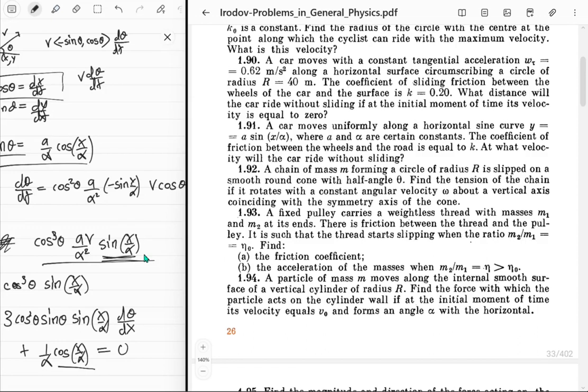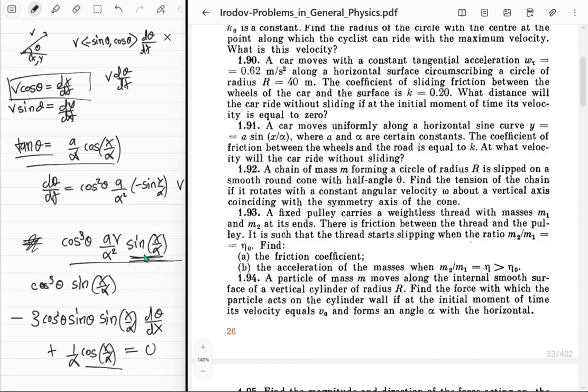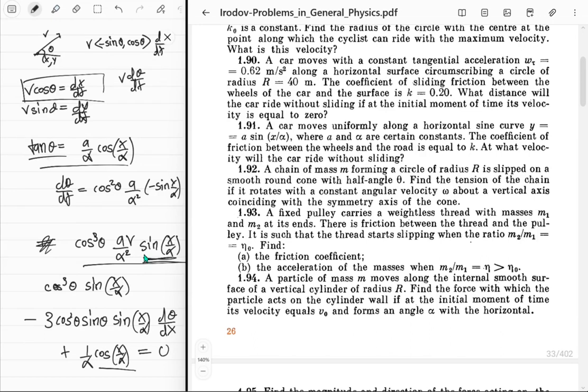Then this will be 1, and tan theta is 0, so cosine cube theta will be 1 as well automatically. So it just becomes AB upon alpha square, which is to be expected because cosine and sine have maximum as 1. So I should have already guessed that both can be 1. But technically as well, this will be the maximum acceleration.